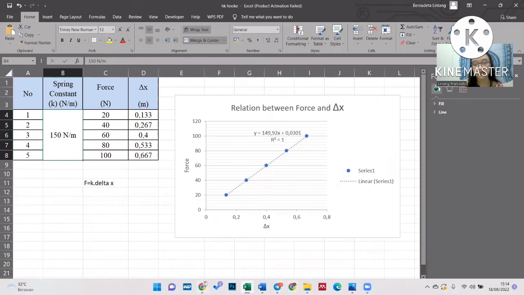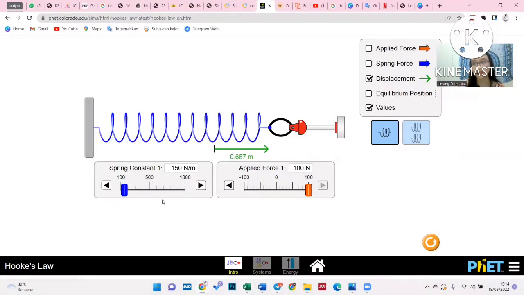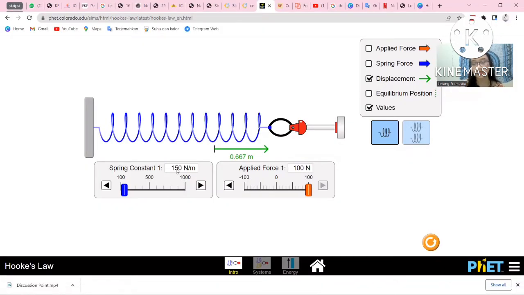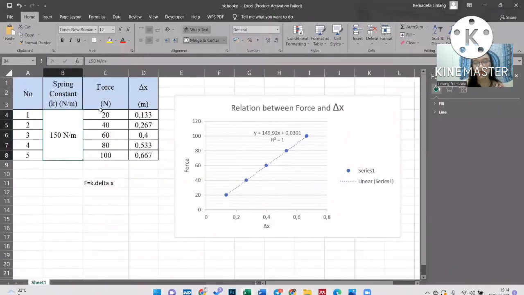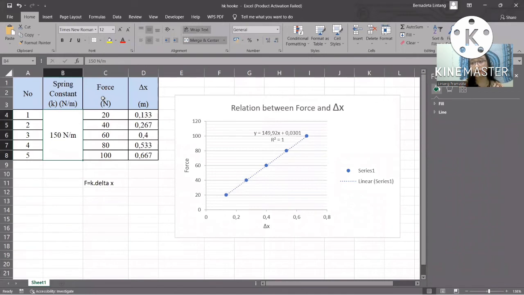We can see in this experiment, the spring constant is 150 Newton per meter. And the force we add is 20 Newton, and the displacement is 0.133, like what we got before in the experiment.